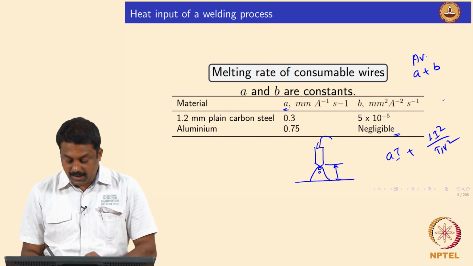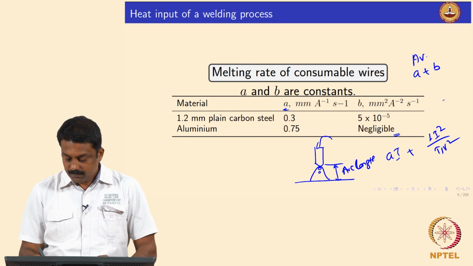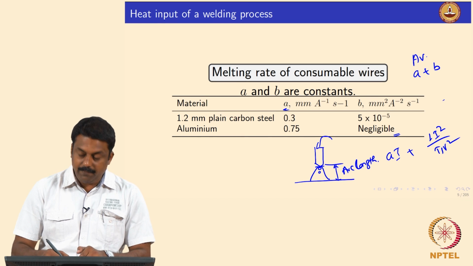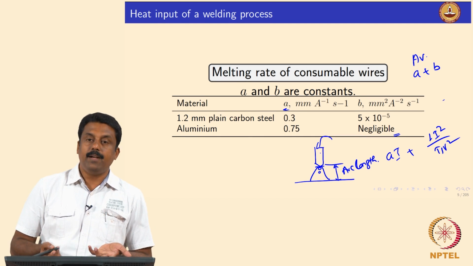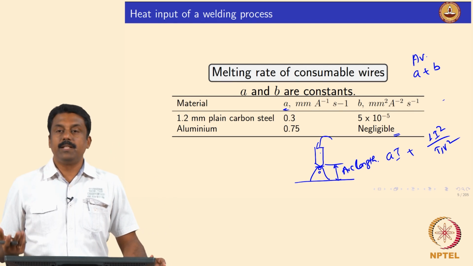We will have to keep the arc length constant by constantly feeding at the same wire feed rate as the melting rate, otherwise your arc length will change, your voltage will change.